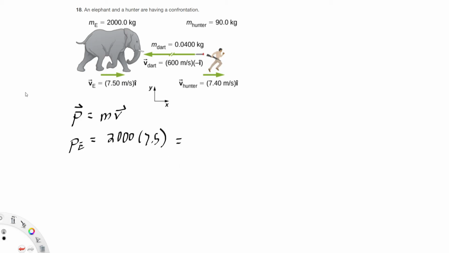So the amount of momentum in the elephant's movement is what, 15,000 kilogram seconds.